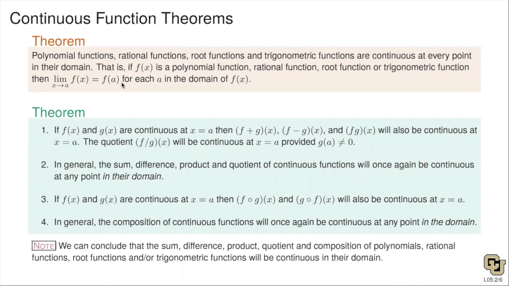And the quotient of two continuous functions is continuous on their domains. That part is really important, that a function can only be continuous on its domain. Finally, we also have this result that the composition of continuous functions is again continuous. So now we've got some good theory to justify why many of the functions that we work with are continuous.